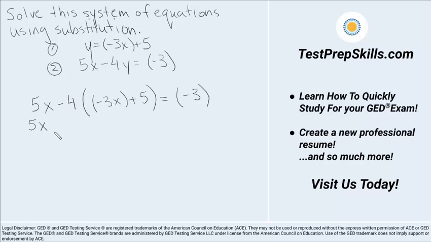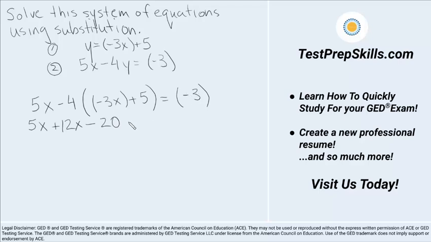Well, a negative times a negative is a positive. 4 times 3 is 12, and that's still multiplied by the x. So these two terms multiplied together give us this new term here. And then we're going to multiply negative 4 times positive 5. Well, we have two different signs, so that means it's going to be negative. 4 times 5 is 20.